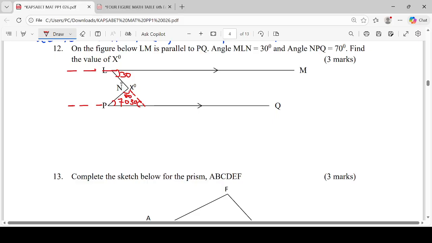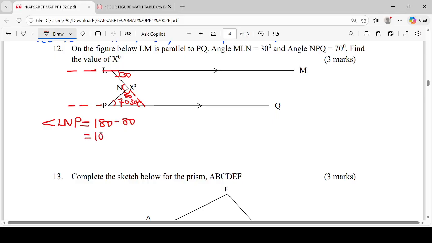And if this angle is 80 and these are on a straight line, then angle L and P will be 180 minus 80.